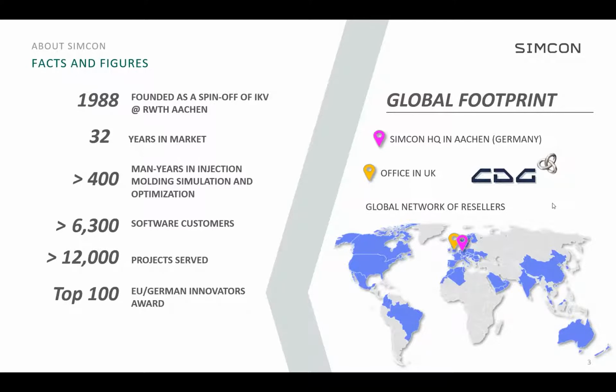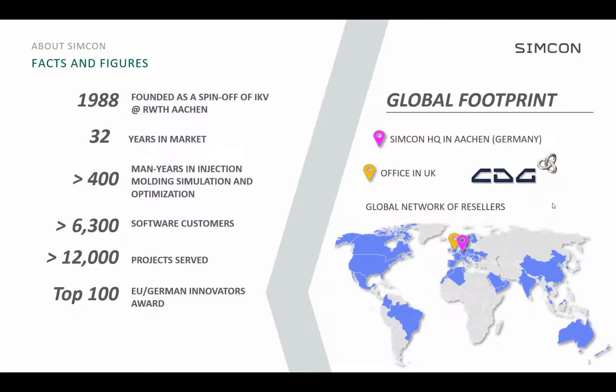Simcon are a company based near Aachen in Germany, and they have been developing plastic injection molding software for over 30 years. They were founded in 1998 from the universities in Aachen. Over the past 30 years, over 400 man-years have gone into development of their software applications.